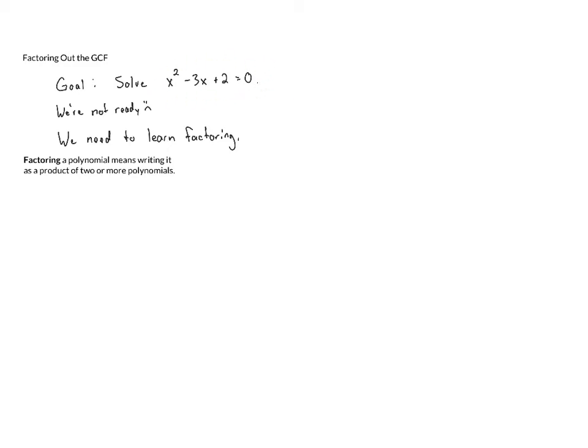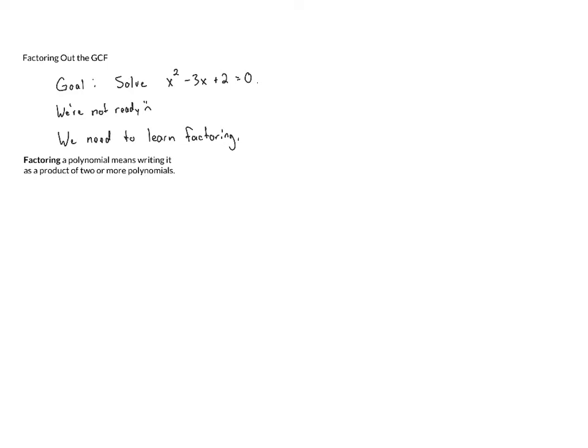But unfortunately, it's going to take us about a week and a half or even 2 weeks to get back to solving this goal. We've got a lot of work to do, but we're going to look at these factoring methods one at a time so that we can get good at each method individually. And today we're going to focus on factoring out the GCF.